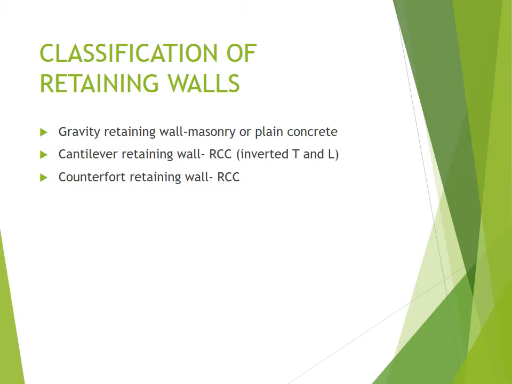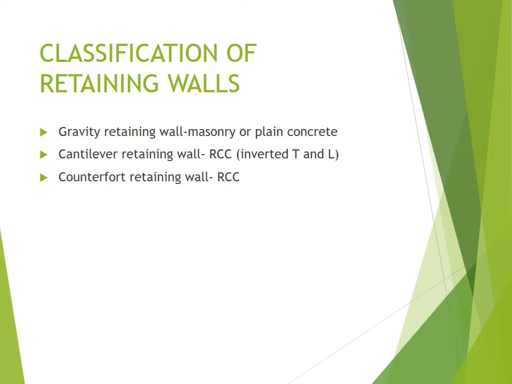So we'll start with gravity retaining wall, which is normally made from masonry or plain concrete. So we have mass retaining walls, which are made from bricks or mass concrete.